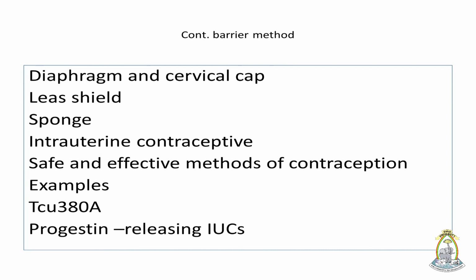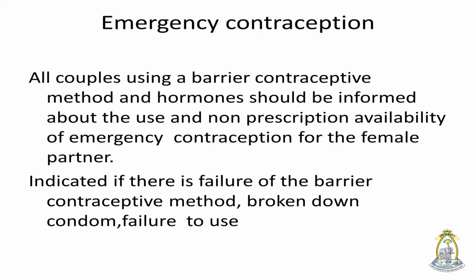We have another barrier method, the diaphragm and cervical cap. Also there's the Lea's Shield and the sponge. Intrauterine contraceptives are safe and effective methods of contraception. We also have the IUDs, the intrauterine contraceptives that are present in our market.